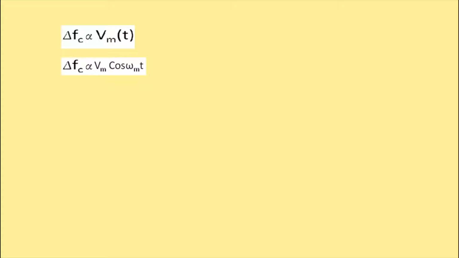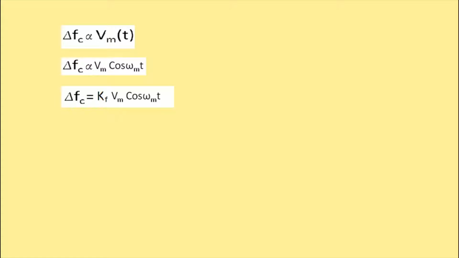So the equation now becomes delta Fc is directly proportional to Vm cos omega mt. The constant of proportionality I have taken as Kf. F is the subscript which indicates that it is the constant for frequency modulation. So here delta Fc is equal to Kf into Vm into cos omega mt.